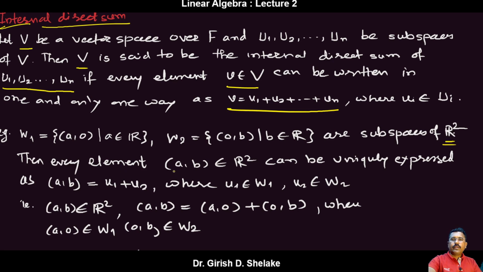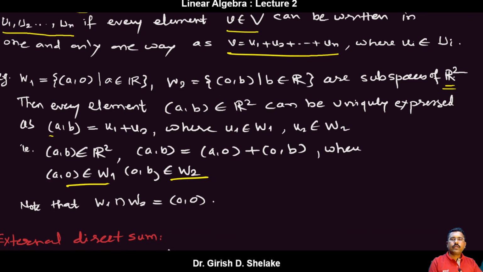Then every element, this ordered pair (a, b) in R2, can be uniquely expressed as (a, b) equal to u1 plus u2, where u1 belongs to W1 and u2 belongs to W2. That is, if the ordered pair (a, b) belongs to R2, then (a, b) is equal to the vector (a, 0) plus the vector (0, b), where the vector (a, 0) is in W1 and (0, b) is in W2.